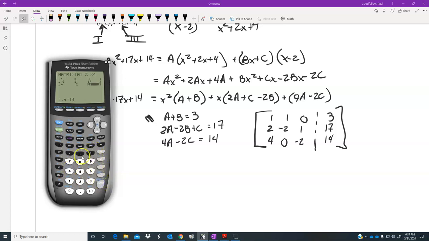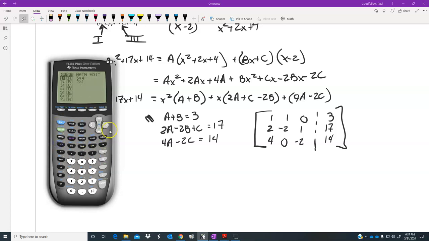Again, I'm going to check this matrix to see whether or not I plugged it in correctly. Just a quick little check for me to see if everything matches the way that it should, and I didn't make any input errors. So second matrix, let's go to math.